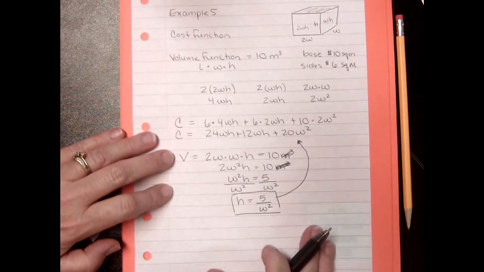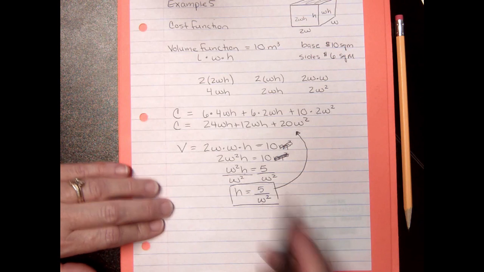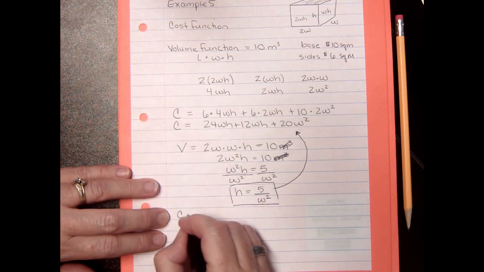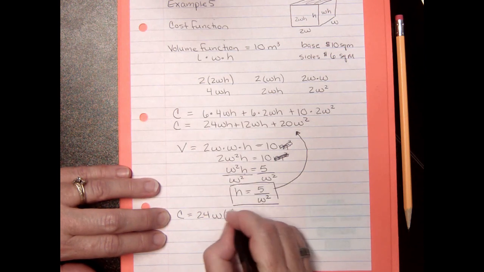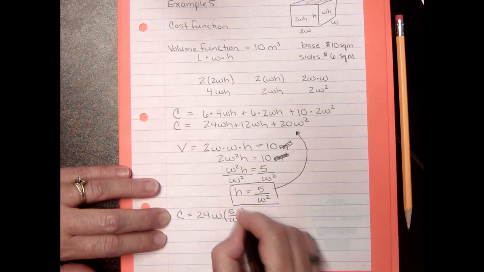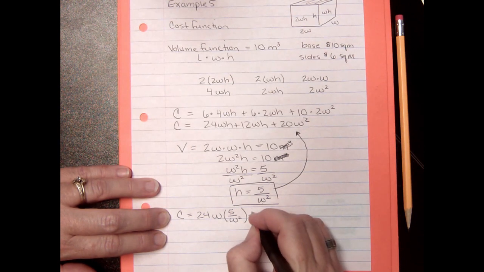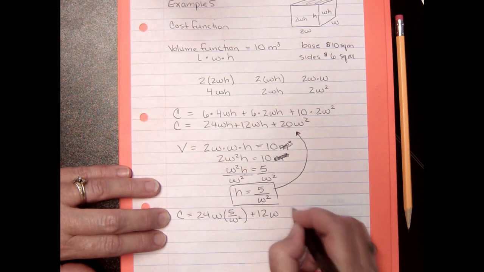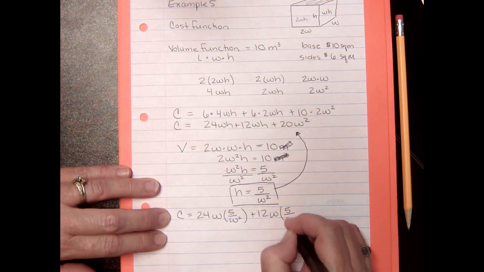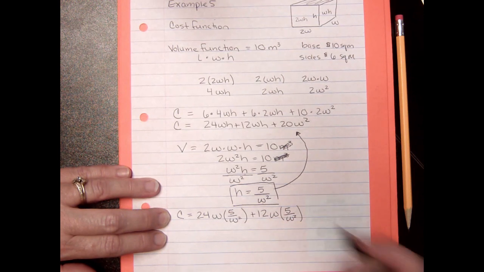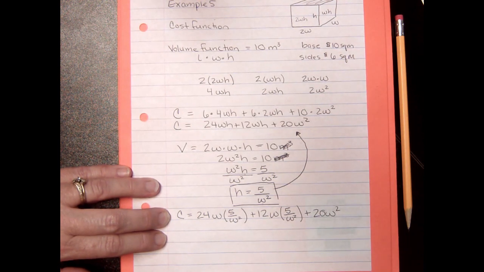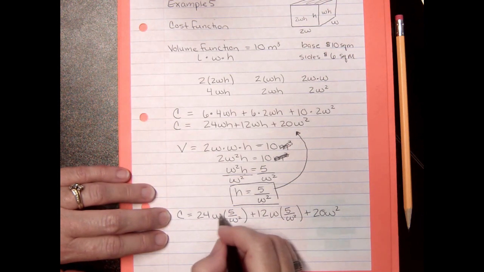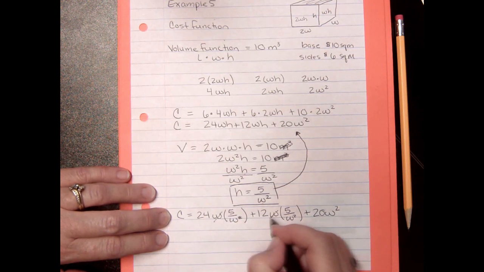Here I have my cost function, 24W, here's an H, so we're going to put in 5 over W squared, plus 12W, another H, 5 over W squared, plus 20W squared. I'm going to simplify that. I'm going to reduce here, and I'm going to reduce here.